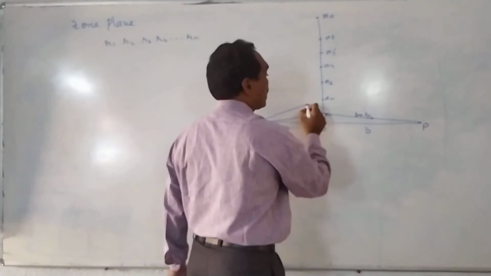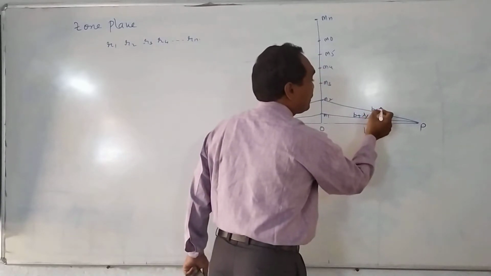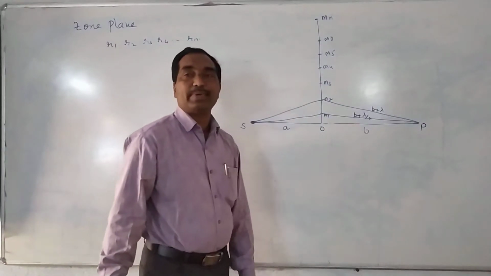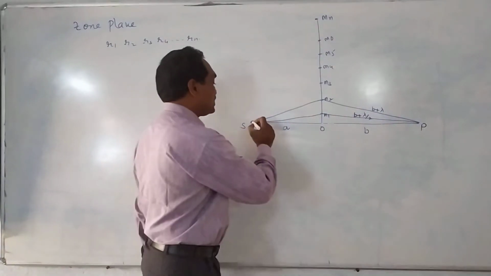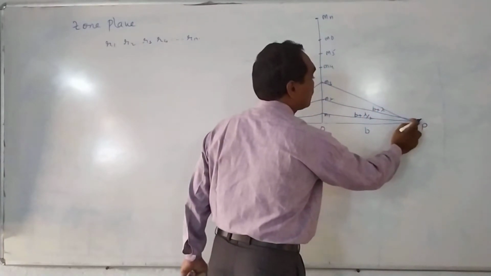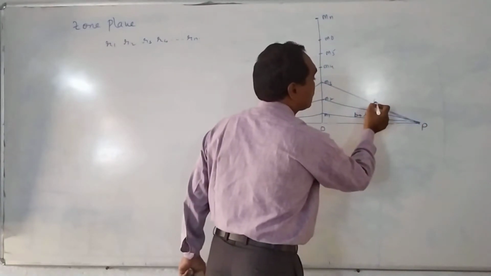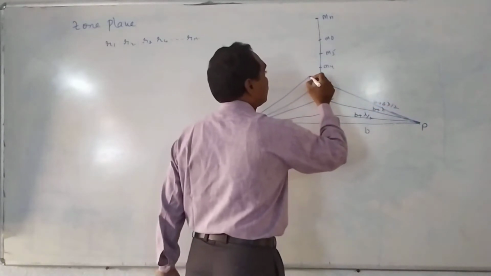Of course, this is M2, and M2P is what? b plus lambda, that is b plus 2 lambda by 2. And next one is OM3. M3P is how much? b plus 3 lambda by 2. And similarly, this is OM4.